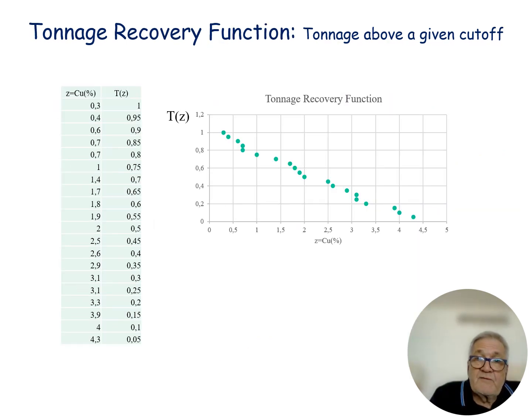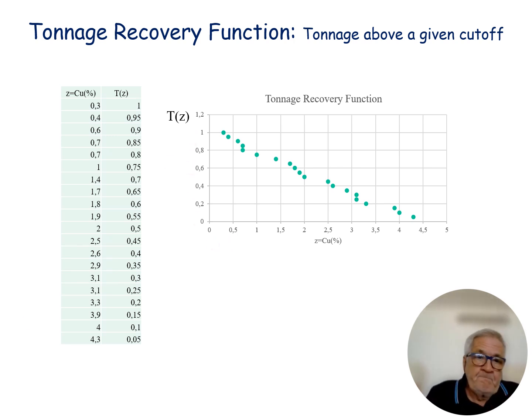We can also represent it in a diagram. This is what we call the tonnage recovery function, in a graph. We can see that it is a decreasing function. On the x-axis we have the copper grade, and this is the relative tonnage.